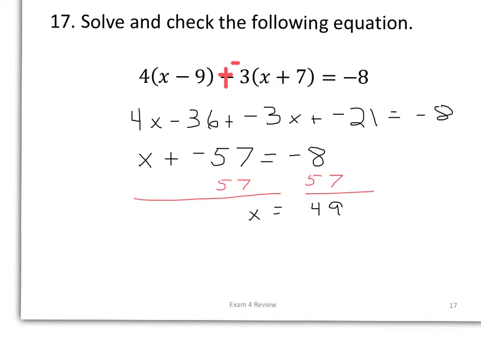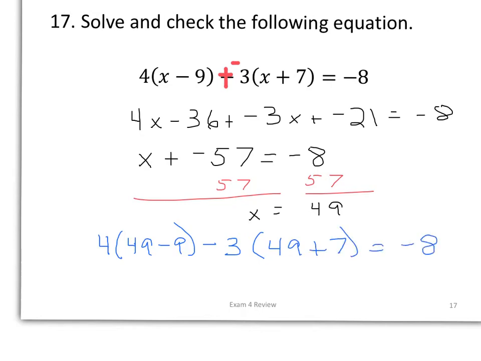Now let's check our work. We rewrite the original equation. Instead of x, we're going to put 49. And we're going to write it exactly like it started out. And this is a very good thing to do, especially if you're not totally confident about your handling of negative numbers.